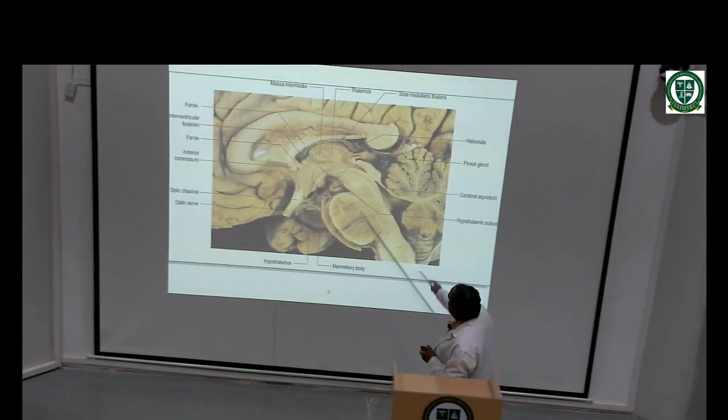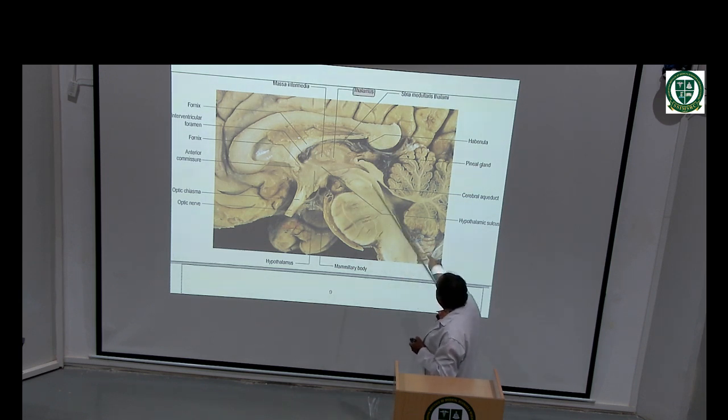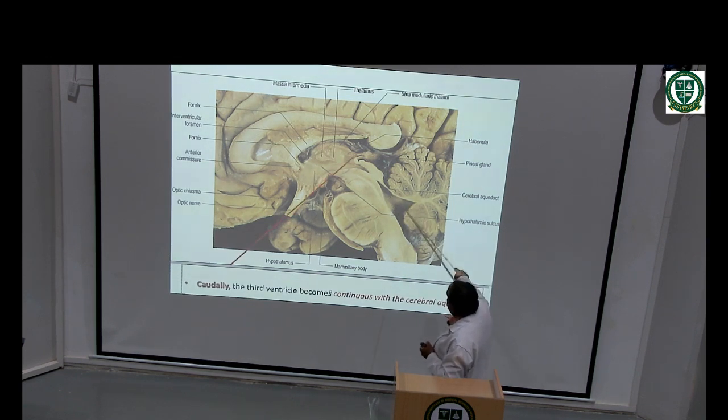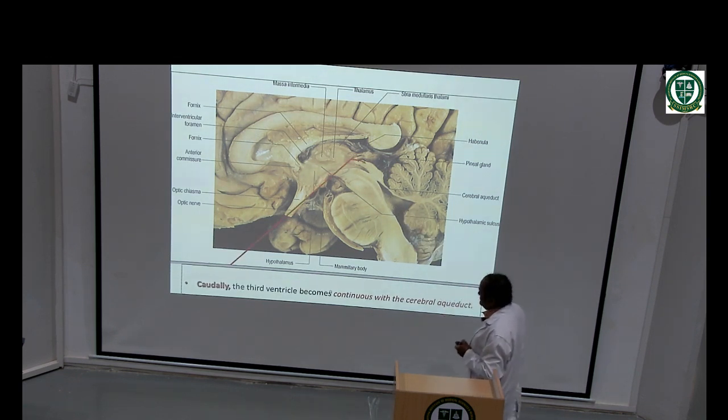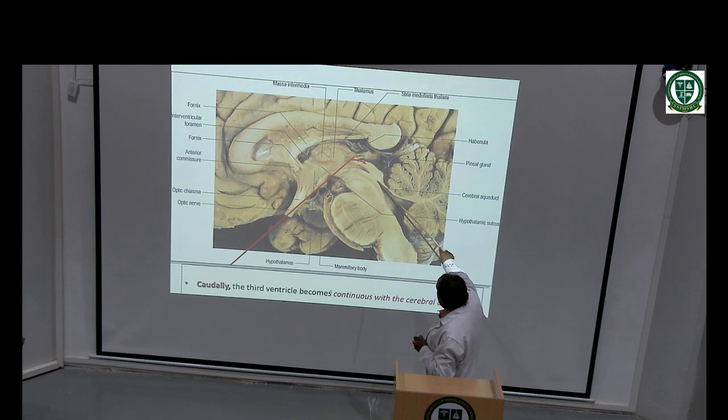And it also communicates inferiorly with this ventricle. So this is the fourth ventricle. This is the third ventricle and this is the fourth ventricle. Inferiorly it communicates with the fourth ventricle.